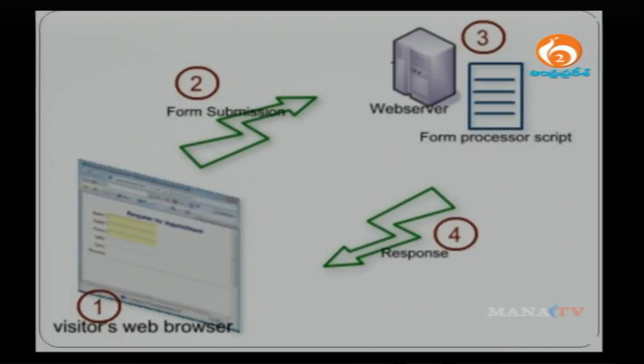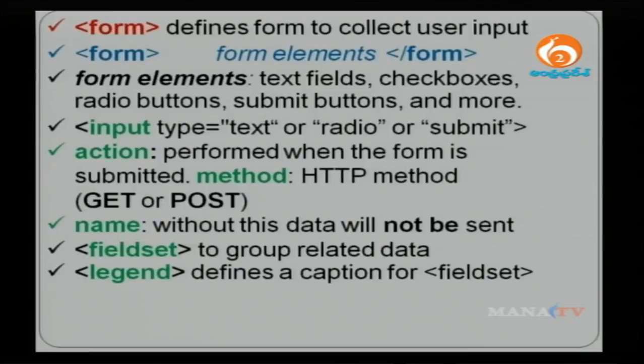That comes with the web programming language used for server side processing. Once the server side processing has been completed, it will respond to the same page. Then the user can know he has submitted some data and got a response from the server. So this is the flow of the forms.